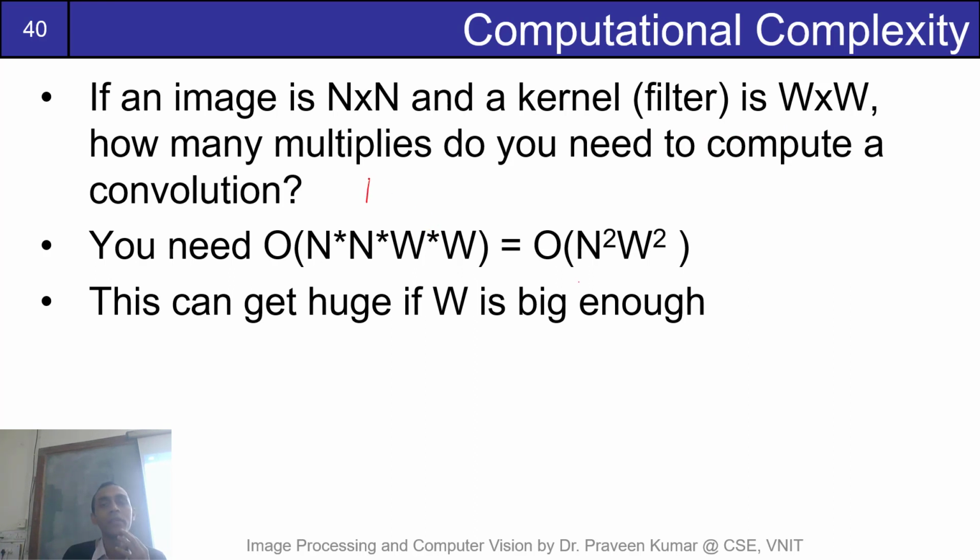At every location, the filter is w by w, your neighborhood is w by w. So at every location you are doing w square sum of product operations, and the total number of locations is n square. So the order of n square w square operations we are doing for this spatial filtering process.